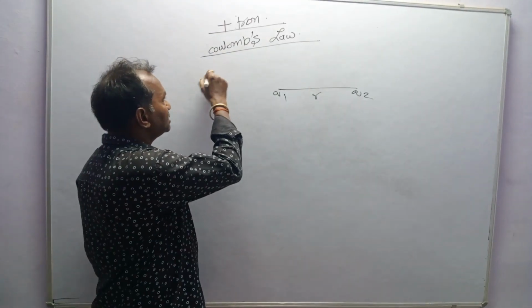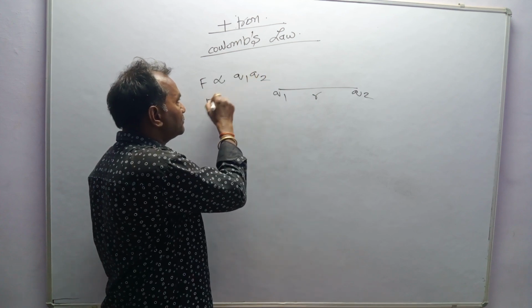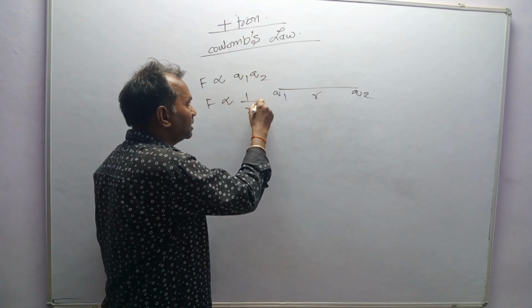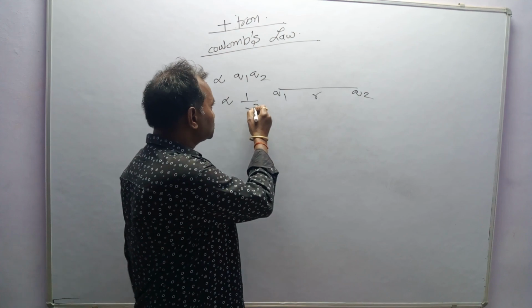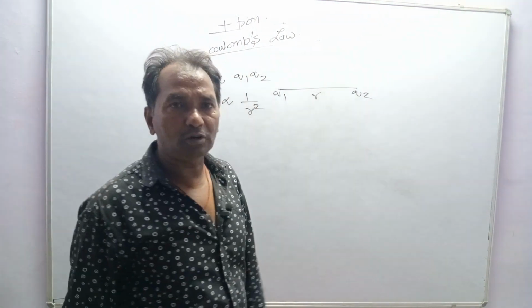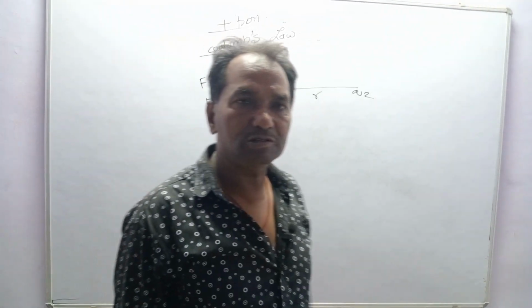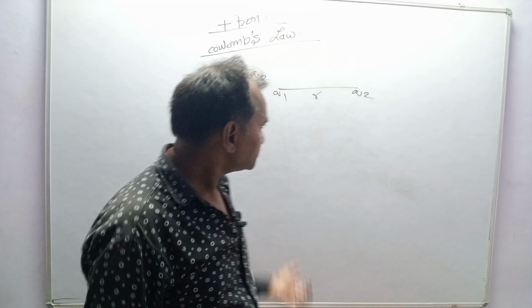So we can say F is proportional to Q1 Q2 and F is proportional to 1 by r square.